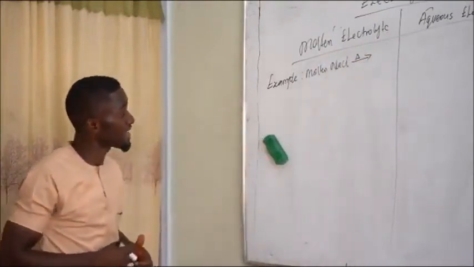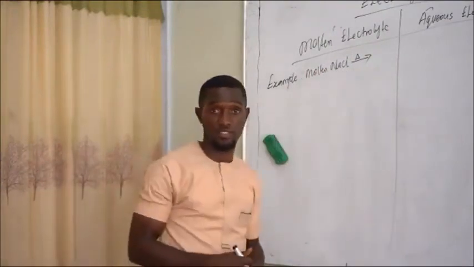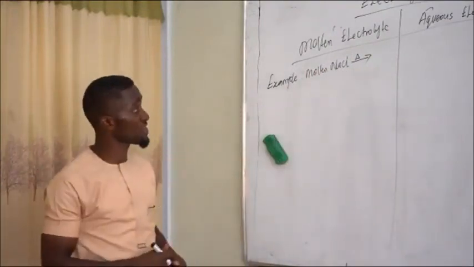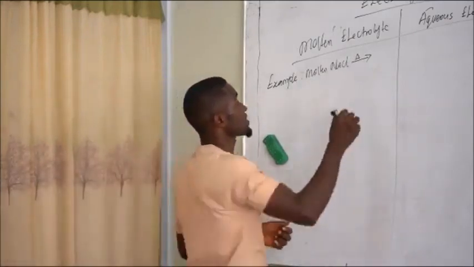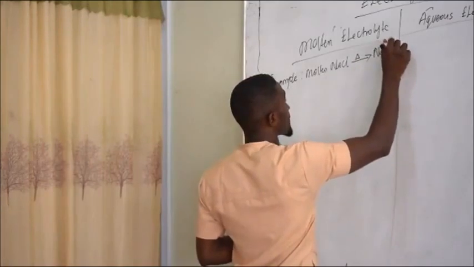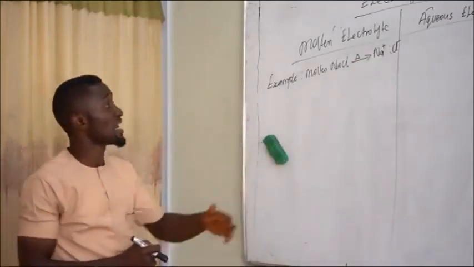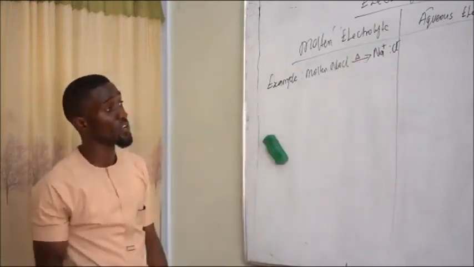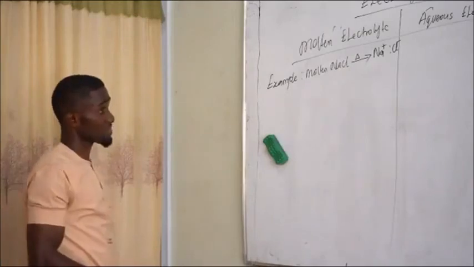Let's say, for instance, we have molten sodium chloride. This molten sodium chloride does not contain water as its solvent. Now, how it produces its free ions is by heating. When you heat this compound, you will now have sodium ions and chloride ions. Now, these ions will conduct electricity during electrolysis.